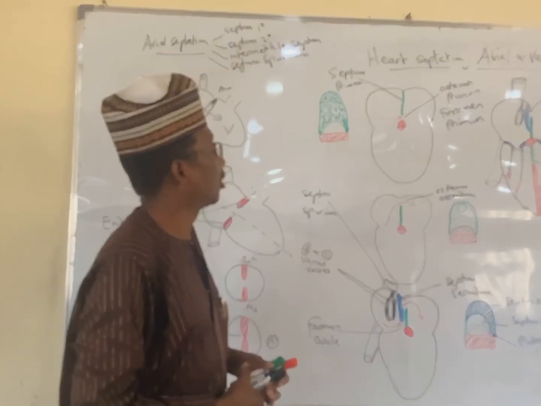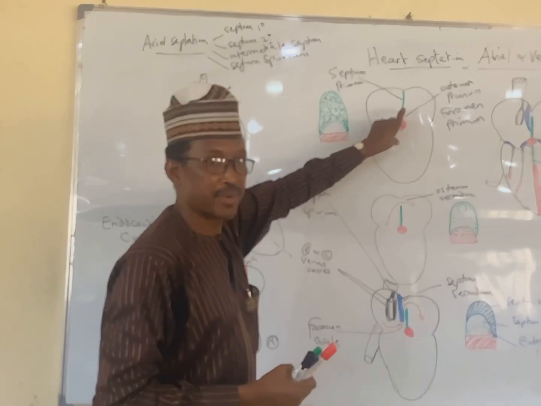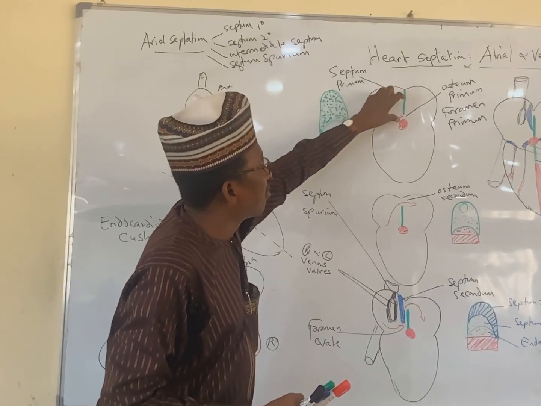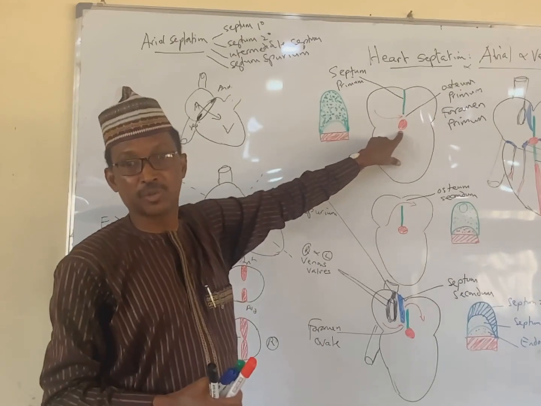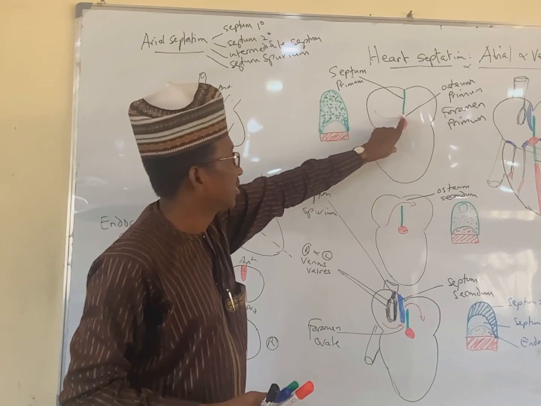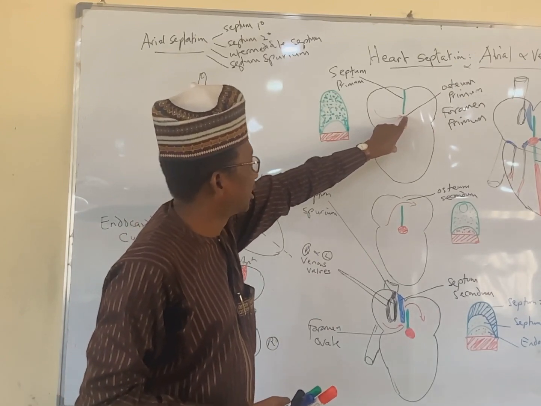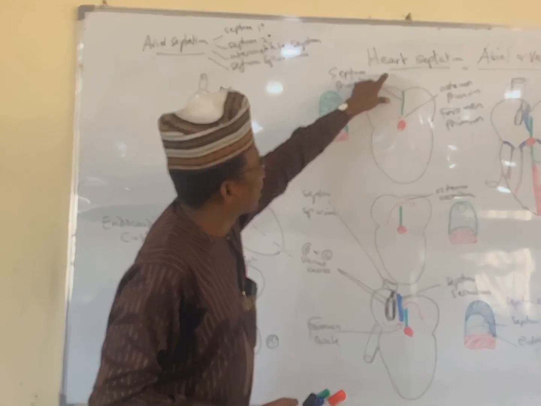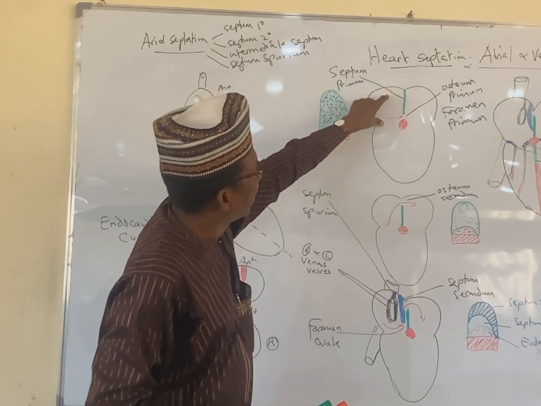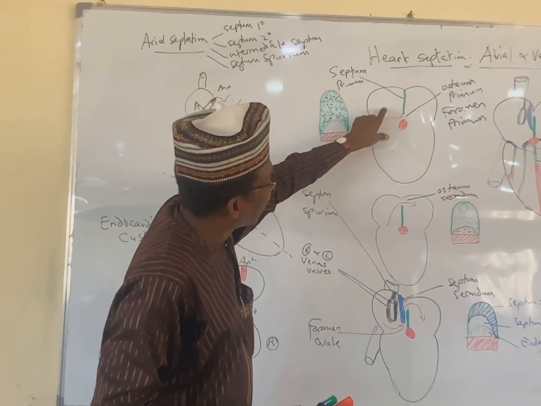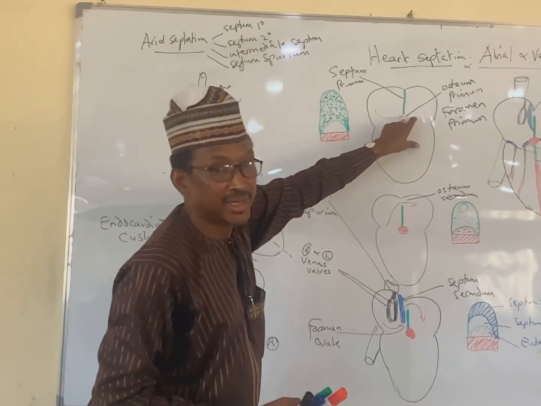This ostium primum is a gap between the developing septum primum and the intermediate septum. This opening that is left is to allow blood, as it comes from the venous end, to enter into the left atrium.